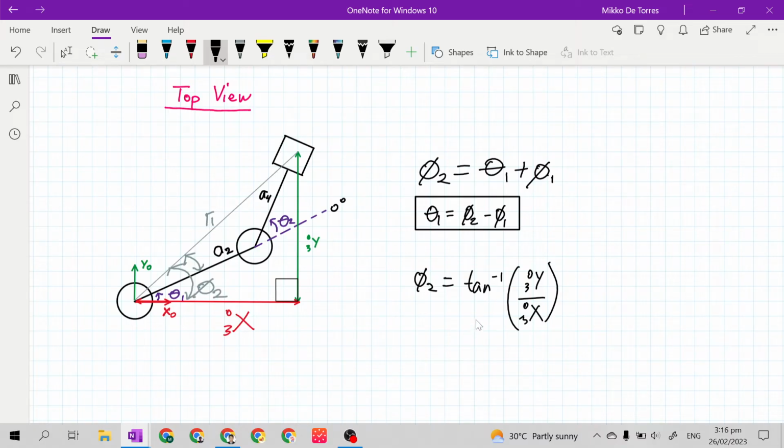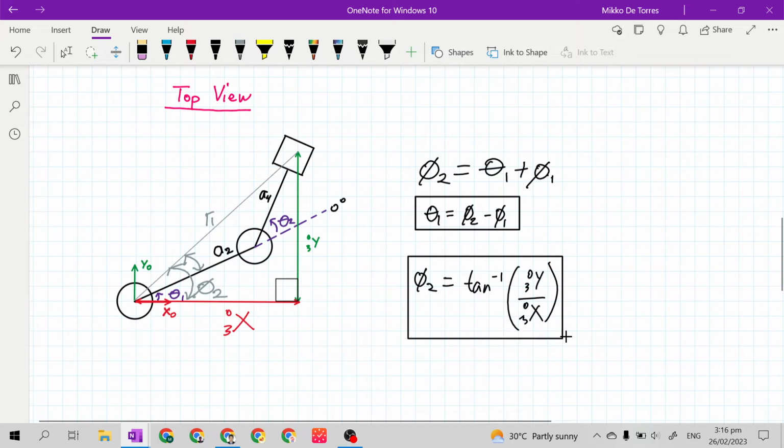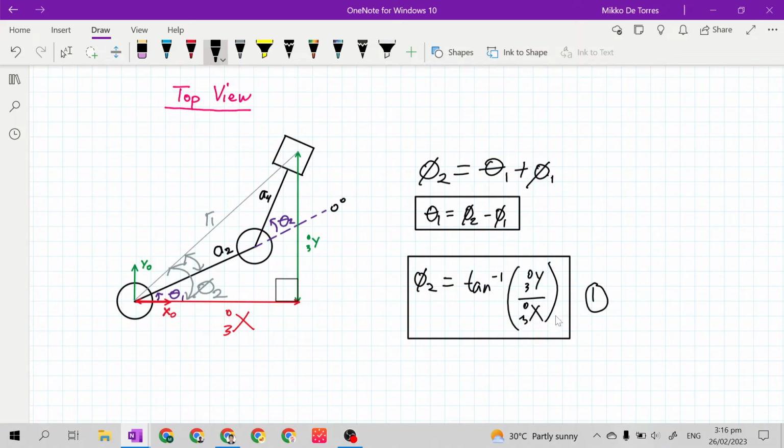So this is our first equation to solve. Because we can get phi 1, we will number it 1. Next, we will derive what is phi 1.